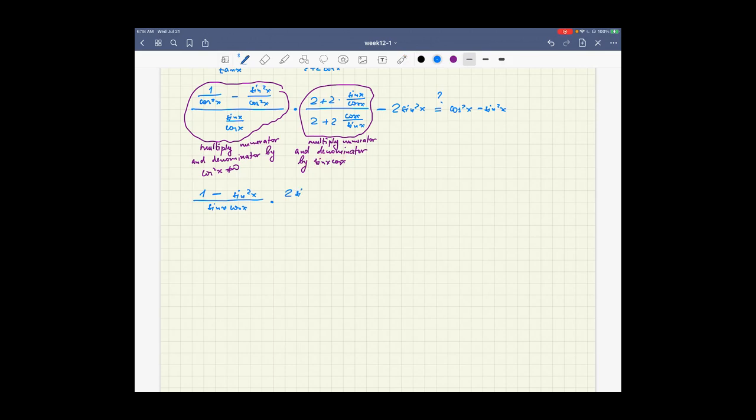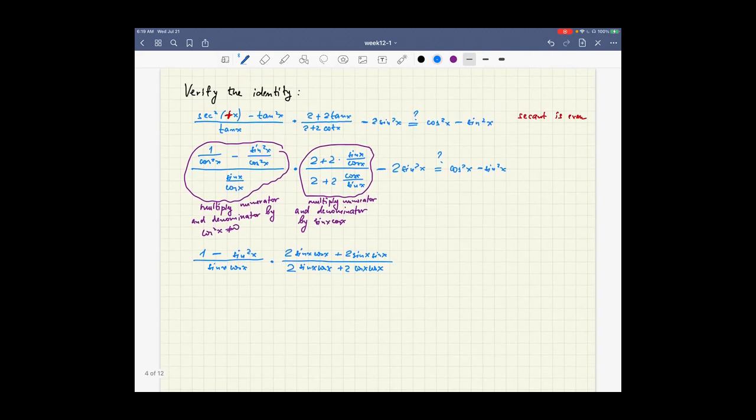So we're going to get 2 sine x cosine x plus 2 sine x times sine x over 2 sine x cosine x plus 2 cosine x cosine x.